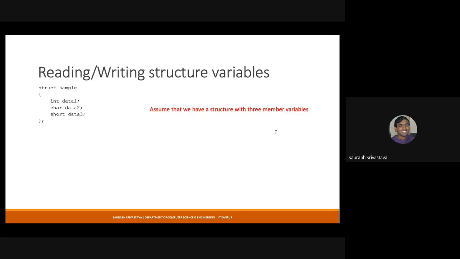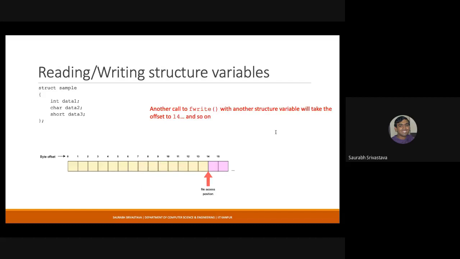This is a good practice. Basically, this particular structure has 7 bytes of data. So when you write a structure variable using fwrite, it writes 7 bytes. If you write another one, it writes 7 more bytes, like this.